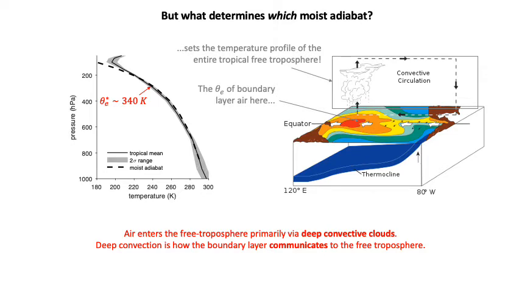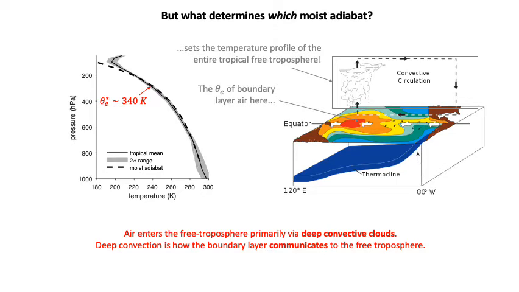If you think about the free troposphere as just losing energy to space, it's cooling radiatively. How that cooling is balanced at the end of the day is that there's a source of energy from air entering the free troposphere from below, from the boundary layer. Ultimately that air comes specifically from the deeply convecting region of the atmosphere.